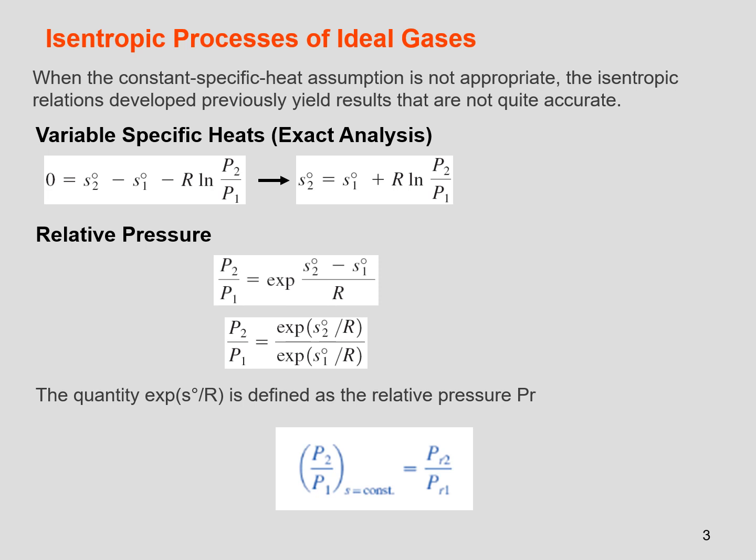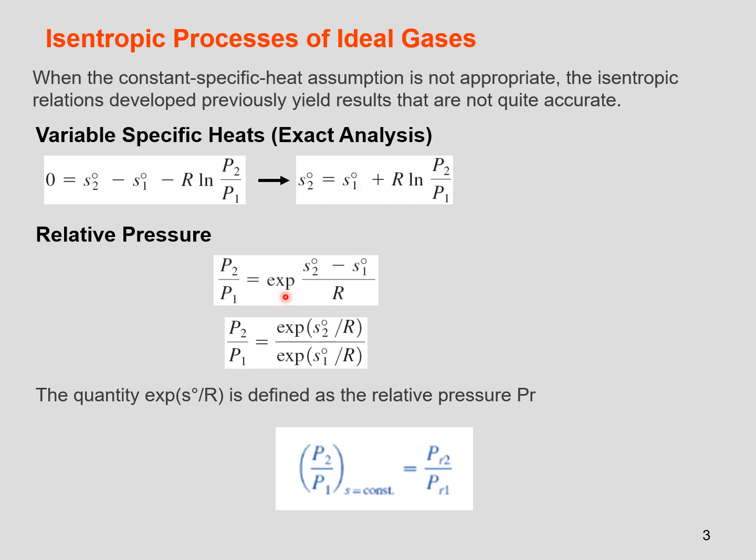When the constant specific heat assumption is not valid, the isentropic relations developed previously yield results that are not quite accurate. So here's the basic equation. If you set this to 0, you can solve it for the ratio P2 over P1.